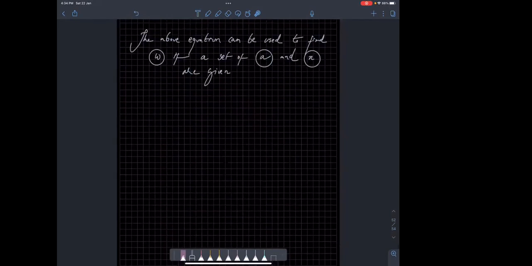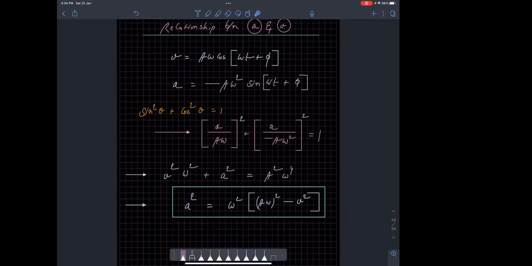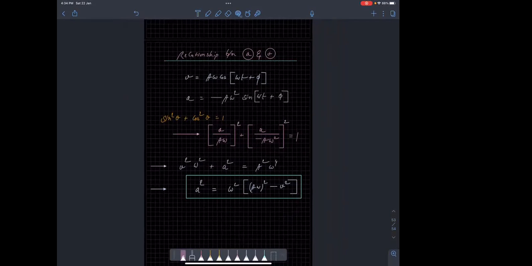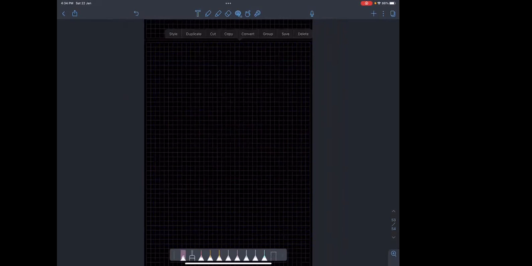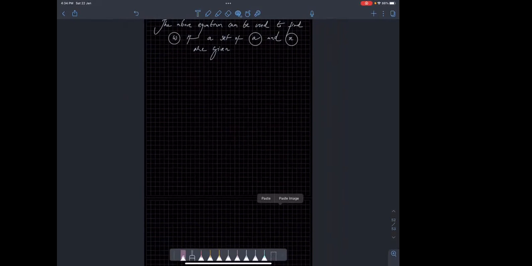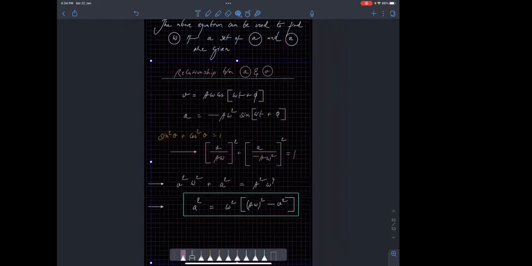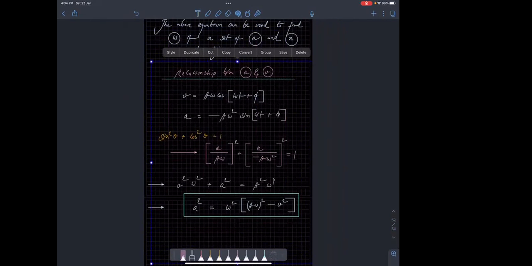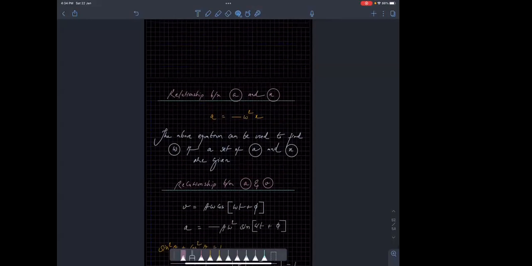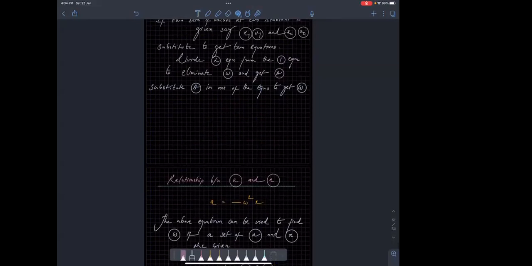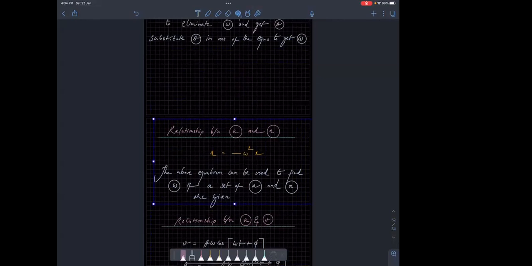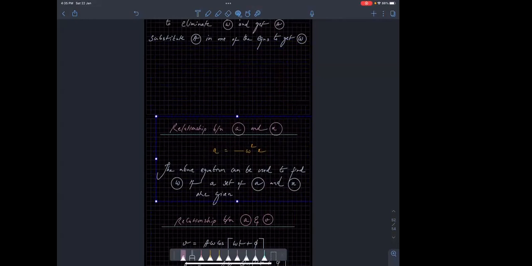I'll just write this on the previous page. Space is not enough.